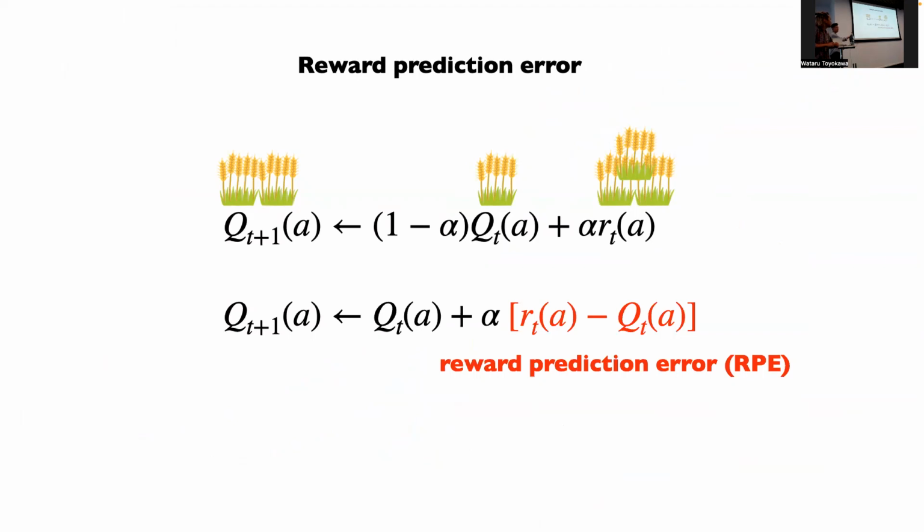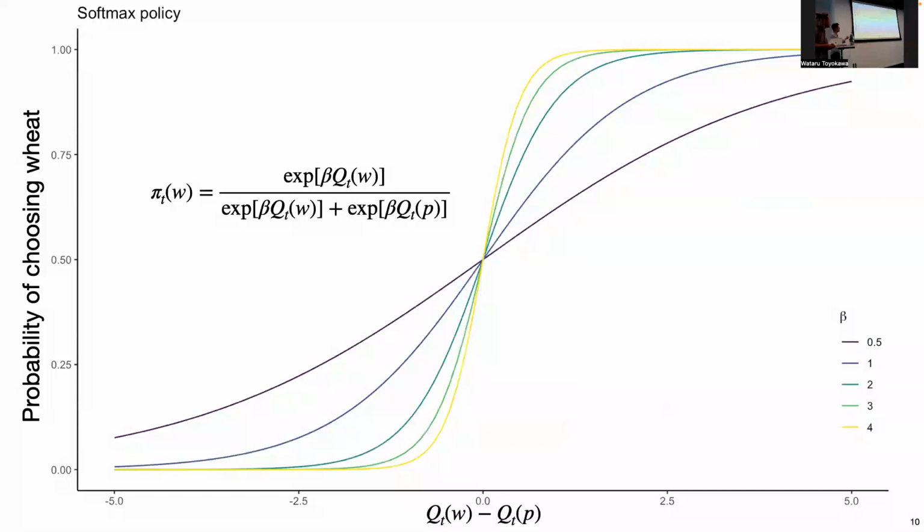When it's very small, we have very small incremental updates to our Q values. It takes a long time and a lot of exposure to learn. When it's very large, we make very sudden and large updates. But sometimes those updates, if the data generating process is noisy, can cause us to overcorrect and lead to erratic behaviors as well. So we have a combination of learning rate and this exploration policy, which has beta here.